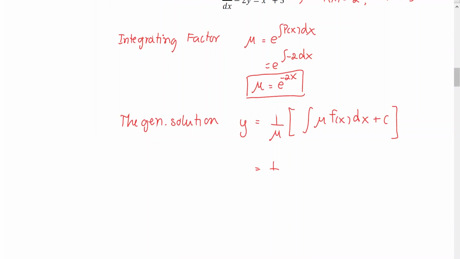Replace mu with e to the -2x, and the f of x is x squared plus 5, with respect to x plus c.